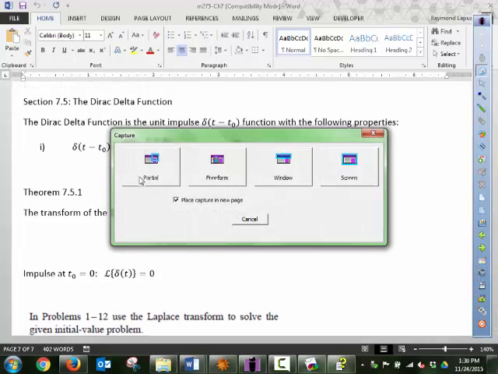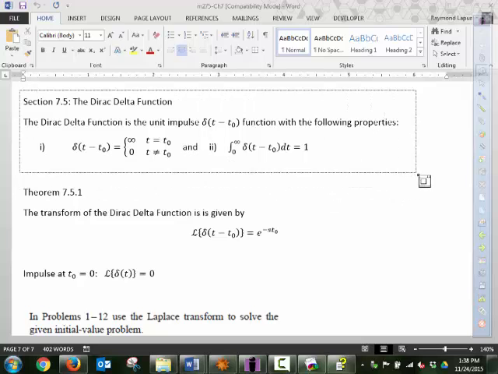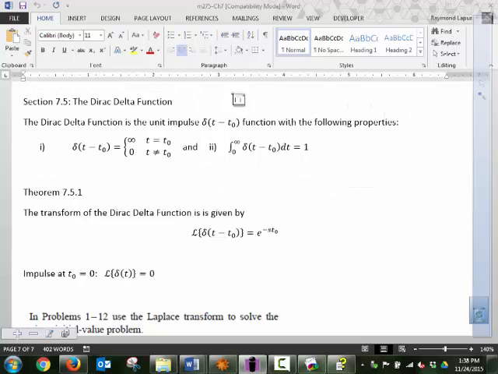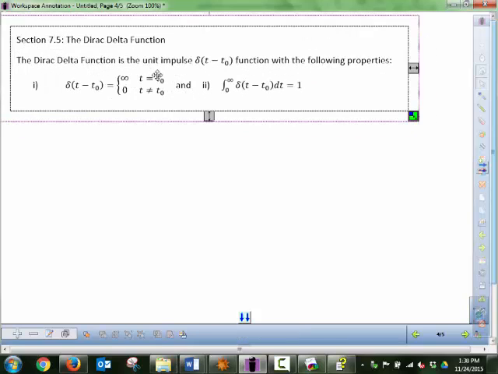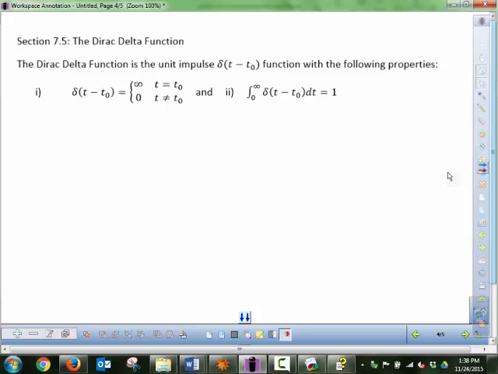Now, the Dirac delta function is a weird function, or it's weirdly defined, and different textbooks define it slightly differently. But a lot of them rely on the idea of a limit.